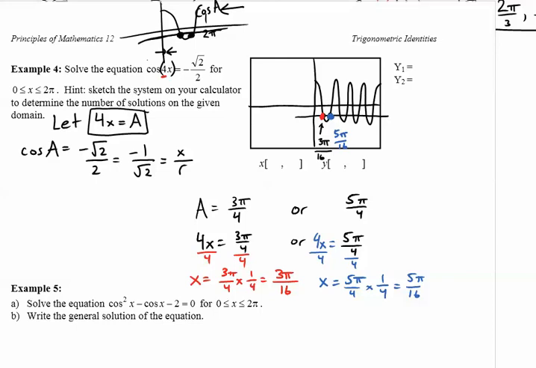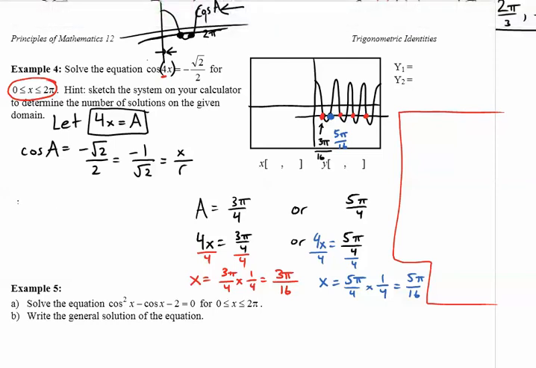So now it's wanting us to find all the answers from 0 to 2 pi. So actually, it's wanting us to find all 8 crossing points. Now there are 4 that are the same place on the wave as the red solution, which is 3 pi over 16, and all of those are just one period away from the original point.